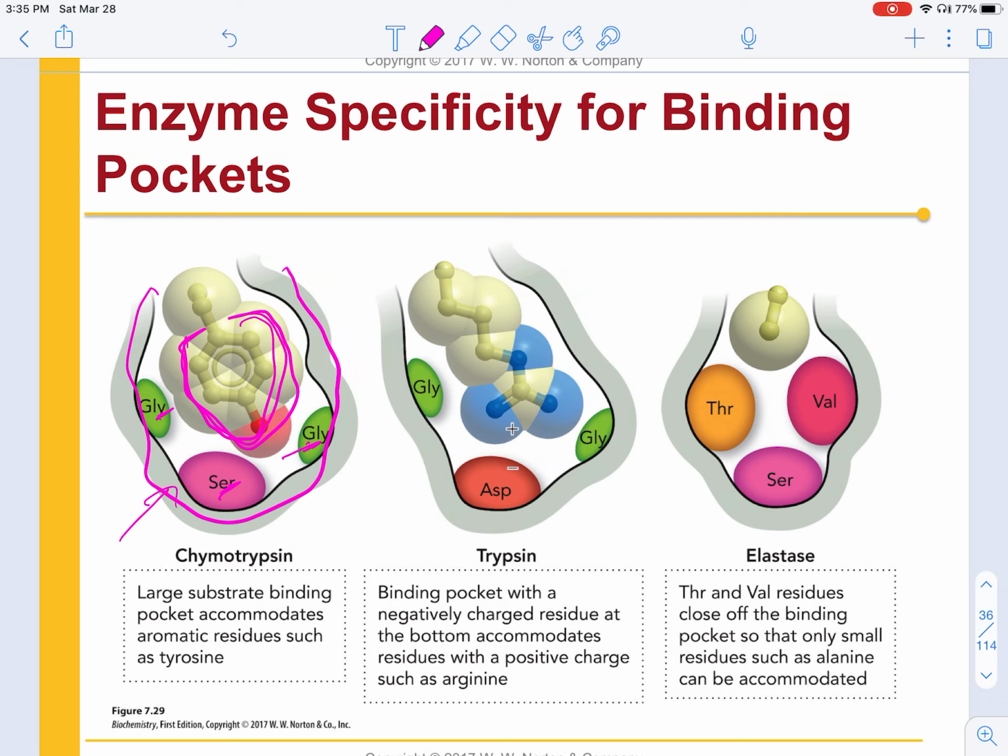Simply by changing this pocket, you can change the specificity of the enzyme for the peptide bond. And so for chymotrypsin, it binds preferentially next to aromatic rings. But if you put in a negatively charged amino acid at the bottom of this pocket, you're going to attract instead basic amino acids, right?